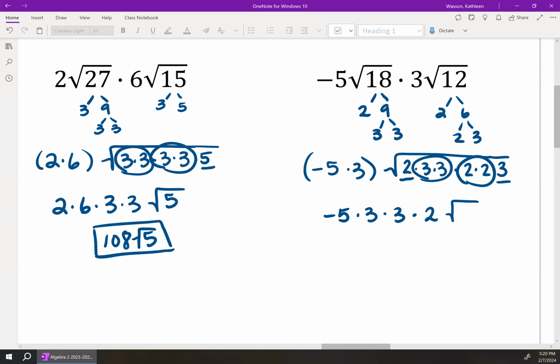And inside the radical, I have 2 times 3. When I multiply the numbers together outside, I get negative 90, and inside I get square root 6.